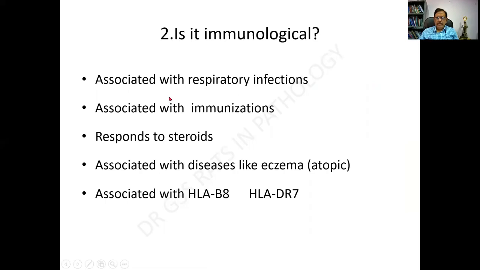Why? Because it follows the infections, it is associated with immunizations, it responds to steroids. And there can be other immunological diseases such as eczema. And it is also associated with HLA-B8 and HLA-DR7. Since all these factors are immunological, it is also thought to be an immunological disease.